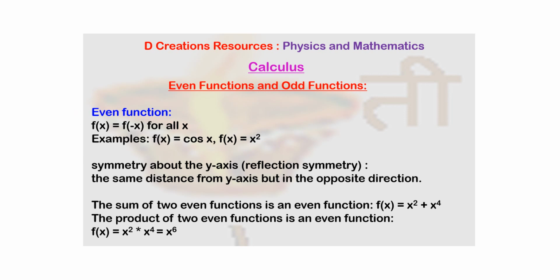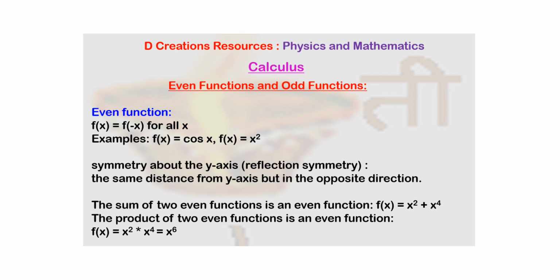Now you would realize that this is in fact symmetry about the y-axis. Just now we spoke about x being 3 and minus 3 and the value of f of x being 9. Try to visualize these 2 points in the plane.